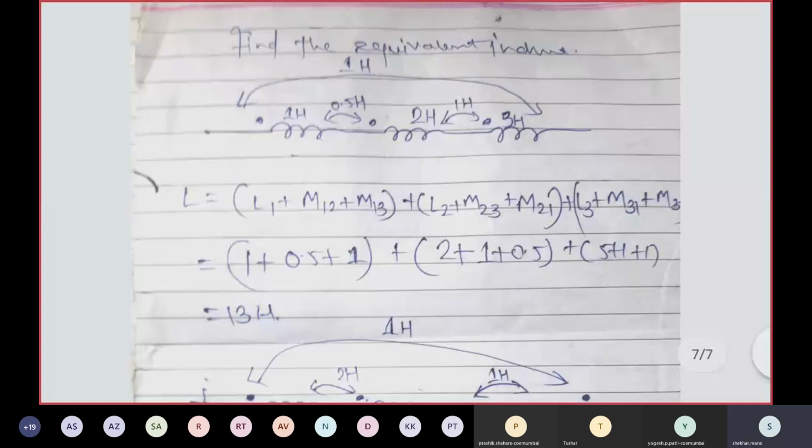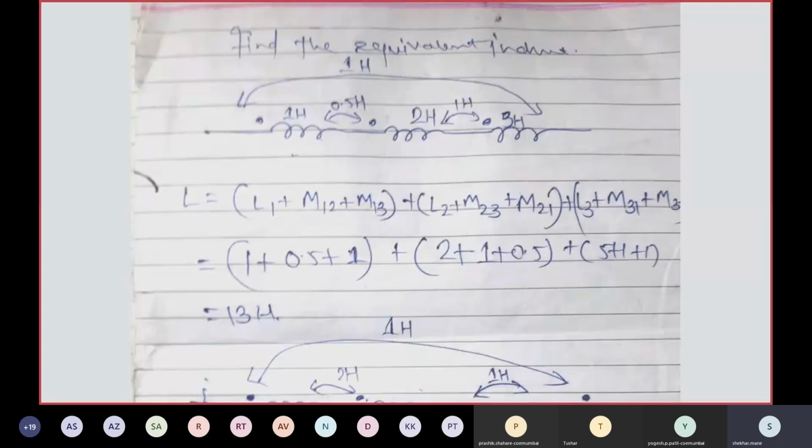Have you understood this? Yes, sir. See, because of the dots, we came to know that the currents flowing through those coils are in the same direction. That's why the mutual inductance gets added into the self inductance. That's it. So this is the main importance of the dot conventions, to understand the direction of current in the winding.